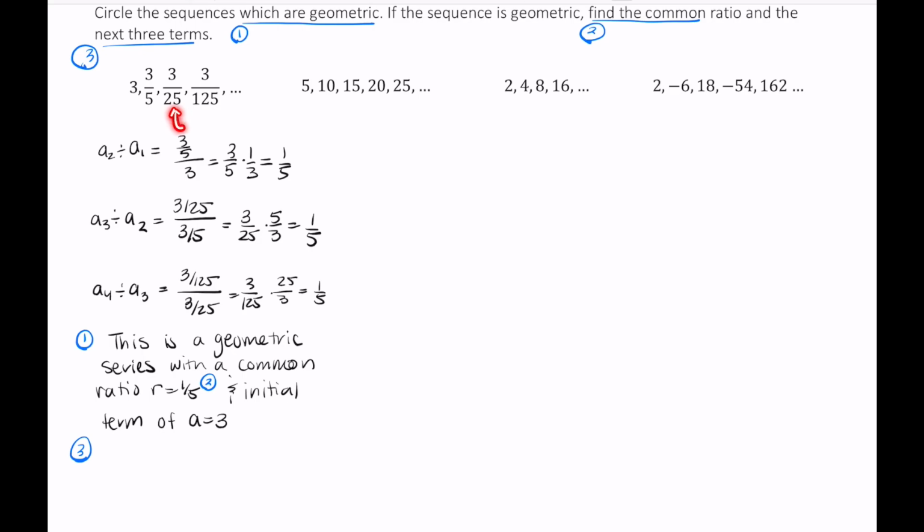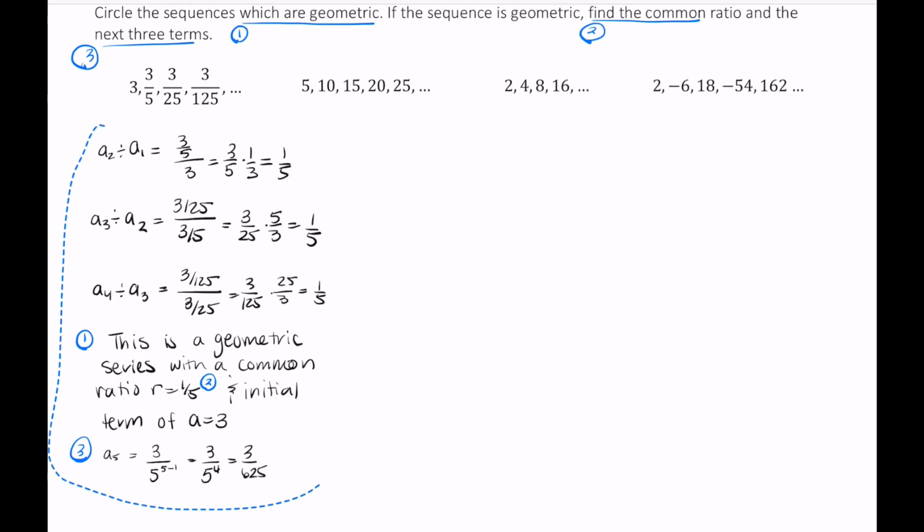Our third term has a 5 squared in the denominator, our fourth term a 5 cubed, so clearly our fifth term is going to be 3 over 5 to the 5 minus 1 power, so that's 3 over 5 to the 4th power, and that's 3 over 625.